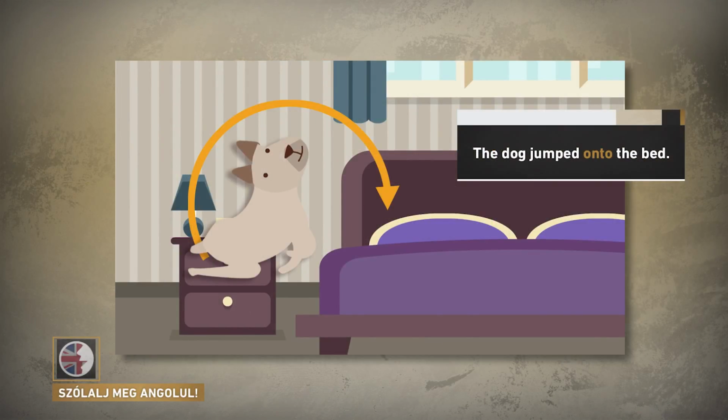Well, the dog jumped onto the bed. So, just like with in and into, on and onto are connected. In is a preposition of place, and the same idea with movement is into. On is a preposition of place, and the same idea connected to movement is onto.